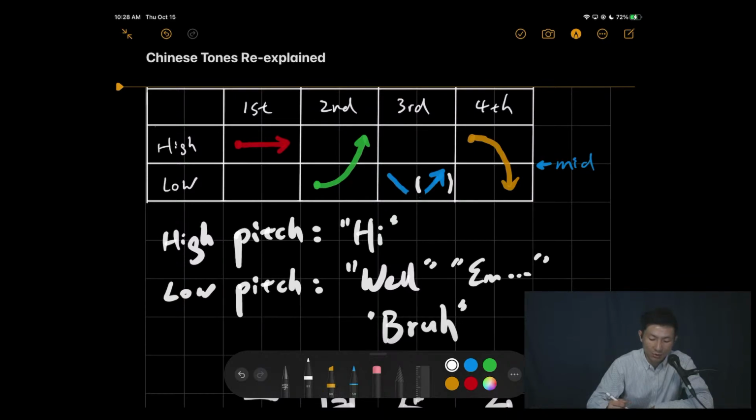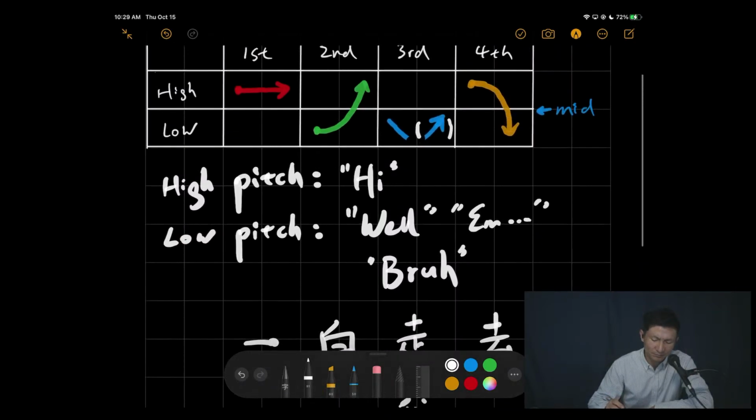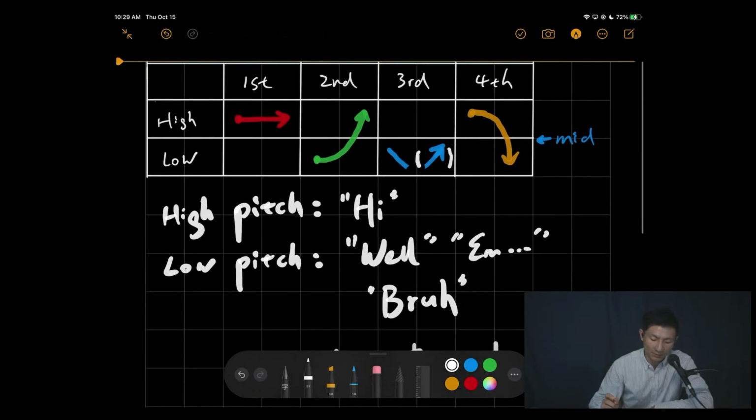So if you say 我 and then you don't go high enough, it might sound a little bit strange. But this is again for beginner practice. In real life, things are going to be a little bit different, and you might not have to be that accurate. But this is another attempt to explain tones to you guys.